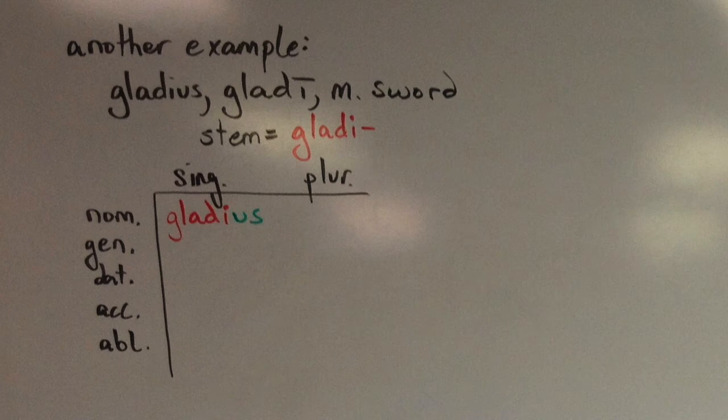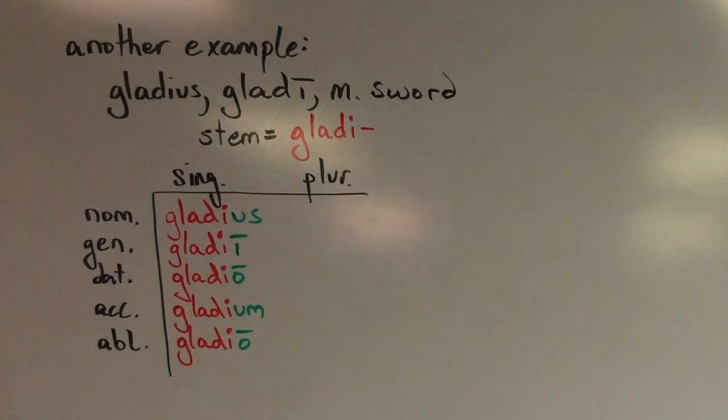If you followed the steps correctly, you should have gotten in the singular gladius, gladii, one I from the stem and one I from the ending. So one I from gladi-, the other from the ending -i. In the dative, gladio. In the accusative, gladium. And in the ablative, gladio.